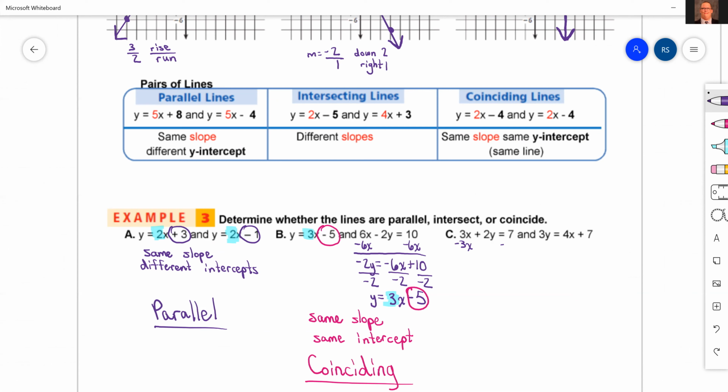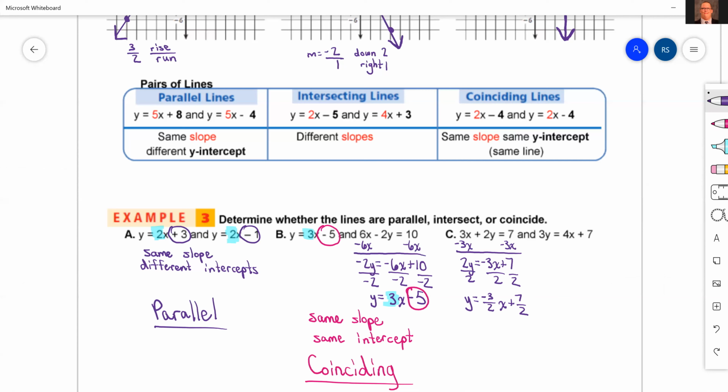It's going to give us 2y equals -3x plus 7, divided by 2. We're going to have y equals -3/2 x plus 7 over 2. Okay, there's that line. That one's Gucci.